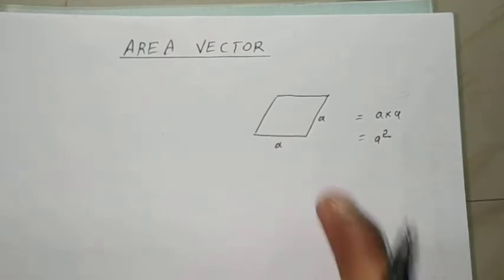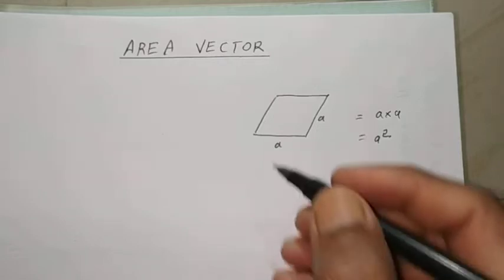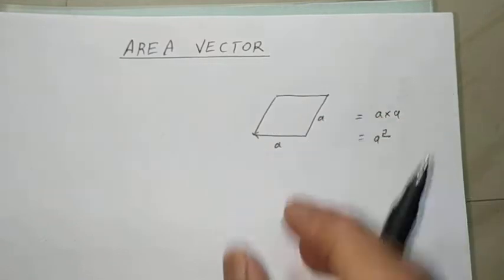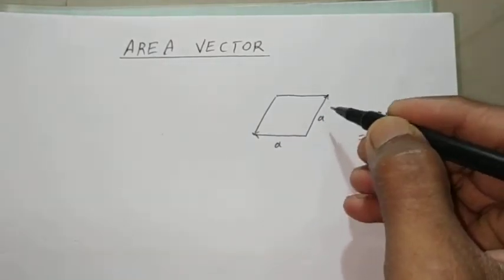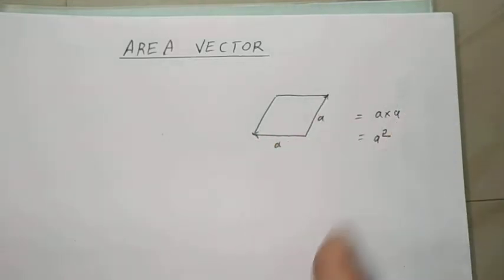But if we read this in higher classes, we see that this a is a vector, and this other side a is also a vector. These two are in two different, perpendicular directions.